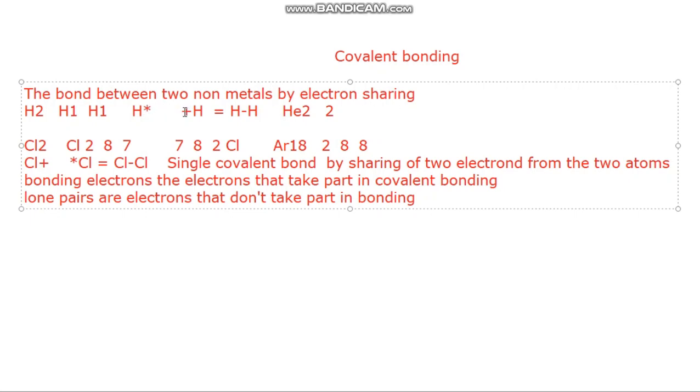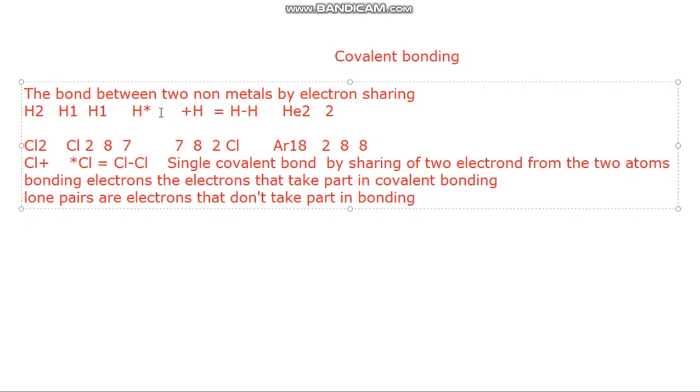How do we know the lone pairs? We said how many electrons are in a hydrogen atom? Only 1. It contains 1 electron. This 1 electron takes part in bonding.